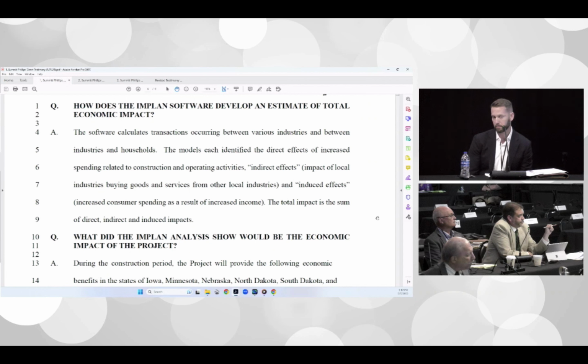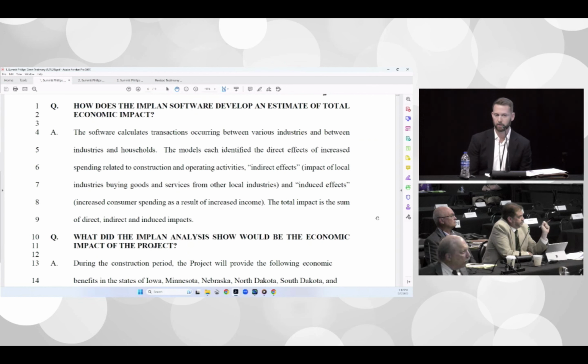And the main distinction between IMPLAN, which is a static input-output model, and a CGE model is the supply side effects, essentially. So you just now characterized IMPLAN as a static model. Does that mean a CGE model is what you might call dynamic? Yes. And are there advantages to a dynamic model?